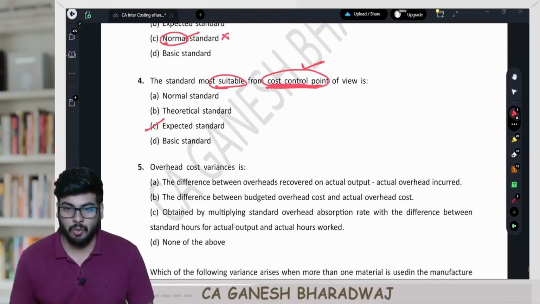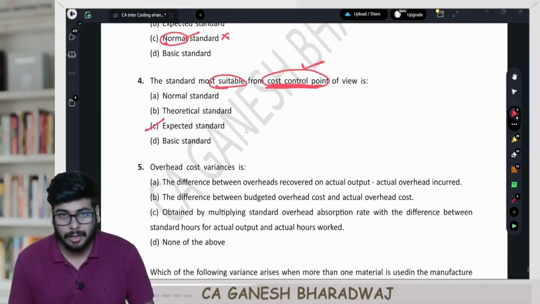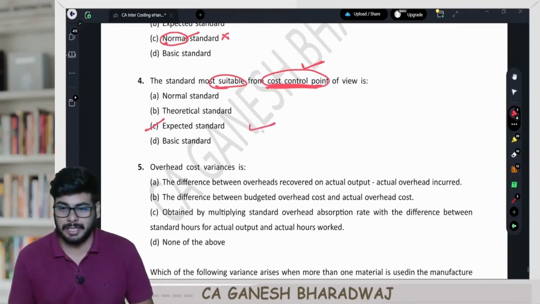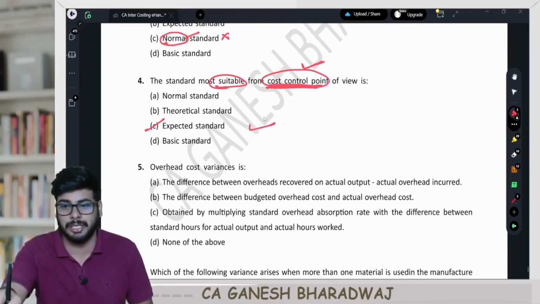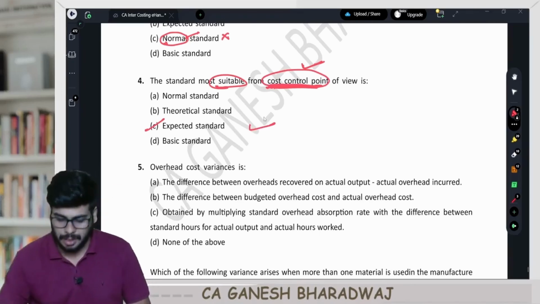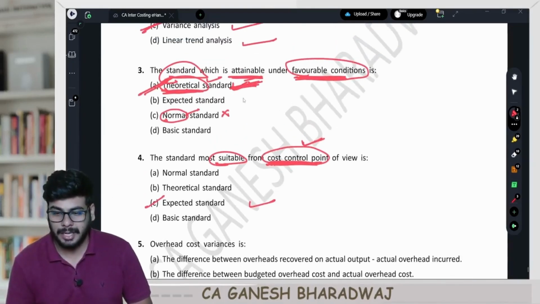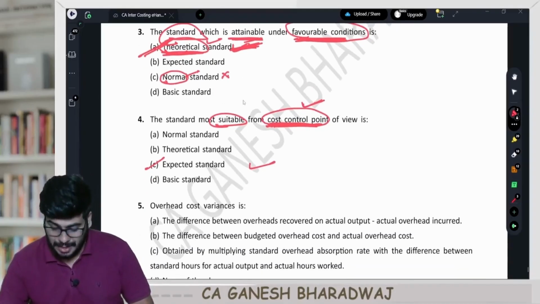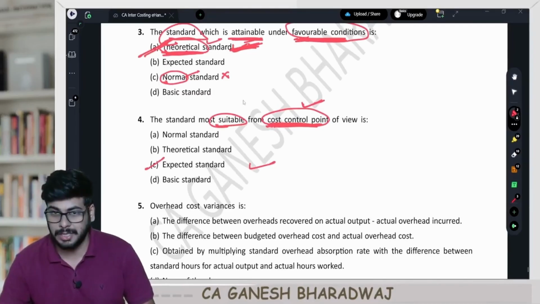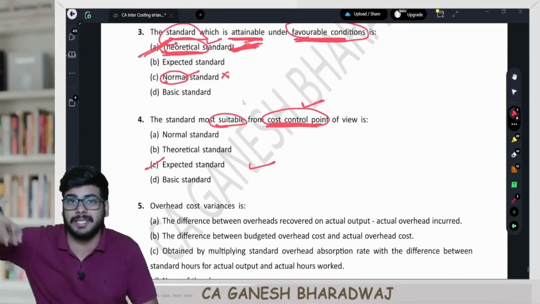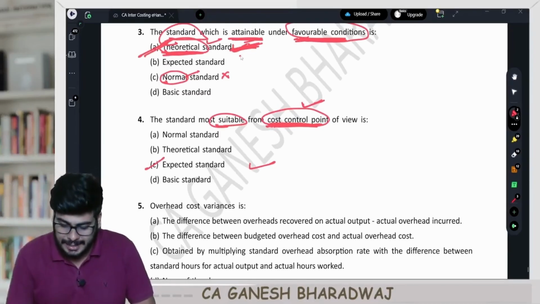So now what we will do is, look at this. For my actuals, how much I should have incurred, that we calculate here.